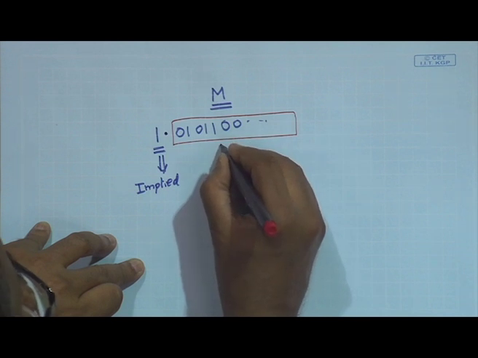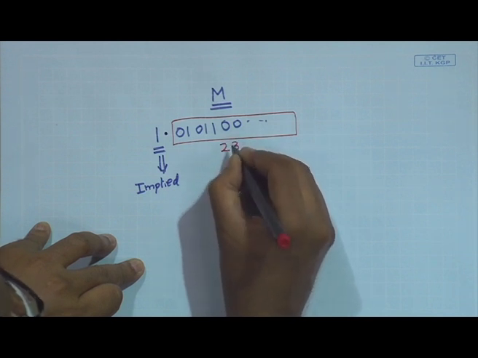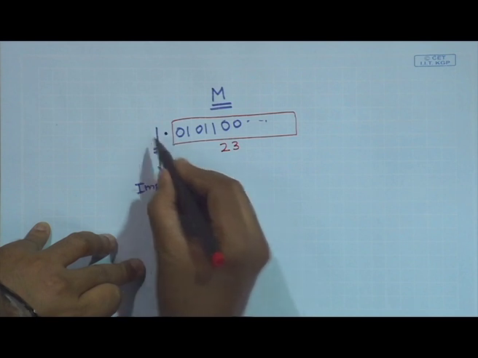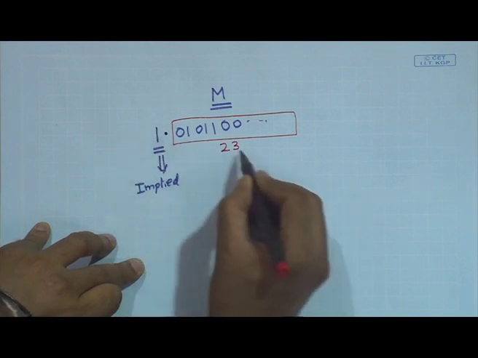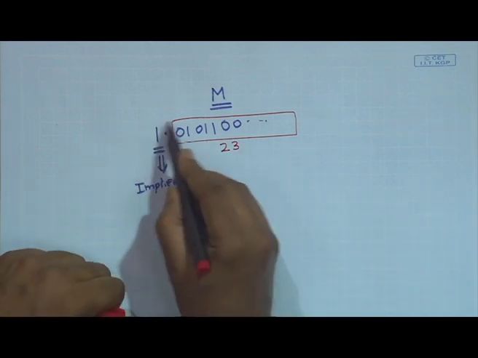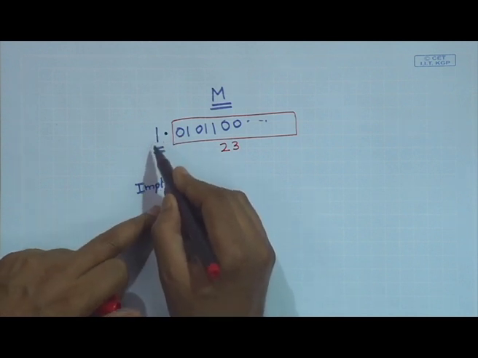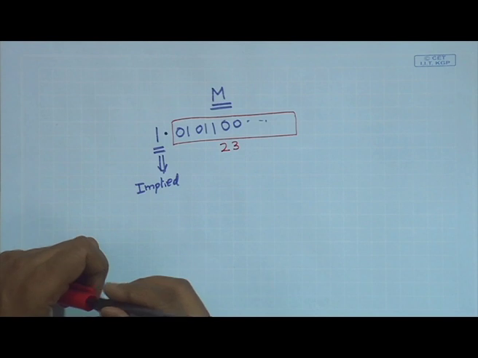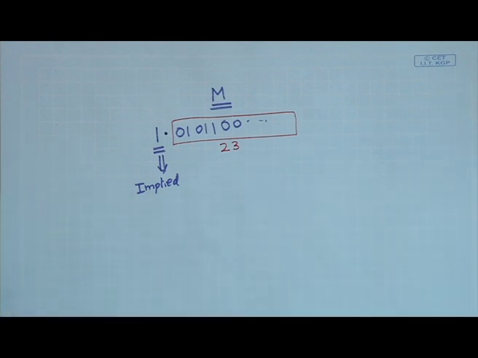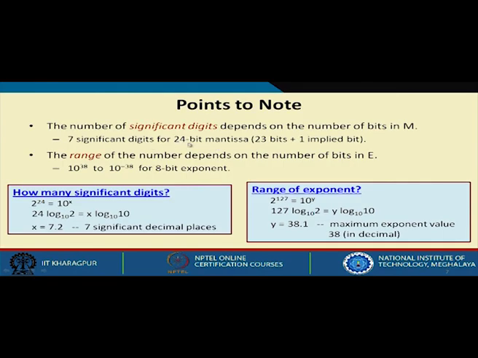So, here for single precision there are 23 bits, but if you also count this 1, it becomes 24. So, the number actually is a 24 bit number, but because it always starts with a 1, you are actually storing 23. So, when you are calculating, you will be assuming a 24 bit mantissa, because that implied 1 bit is also there. Now, how do we calculate the number of significant digits?